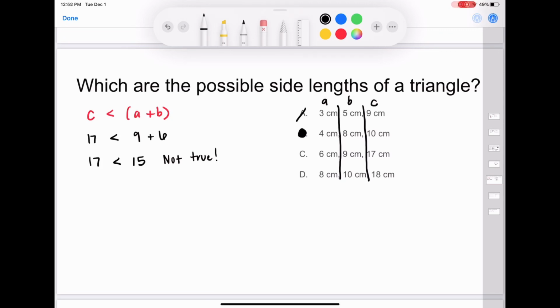Let's try the other one. That is not true. So let's try the last one. C is 18. 8 plus 10. 18 is less than 18. Well, that's not true. 18 is the same as 18, or equal to. So those answers are also not true. And so B is in fact our answer. Let's look at the next problem.